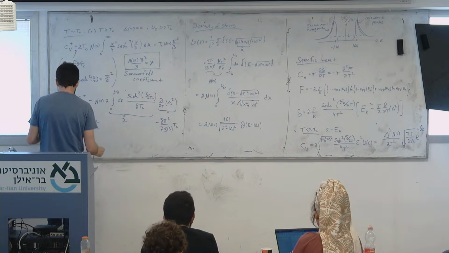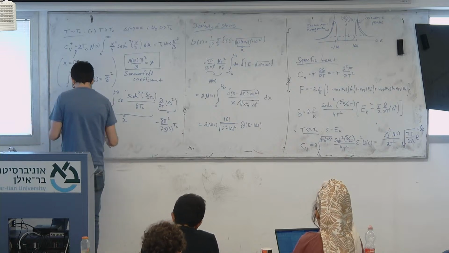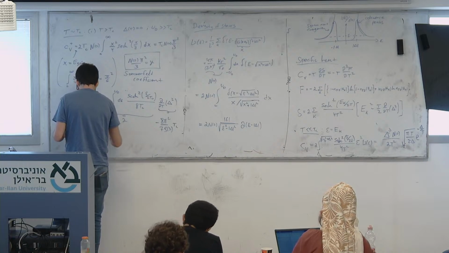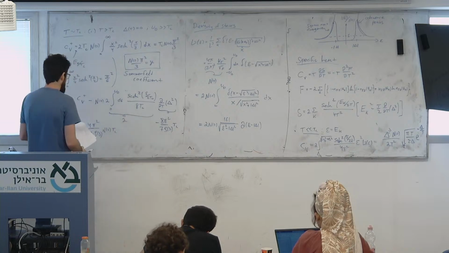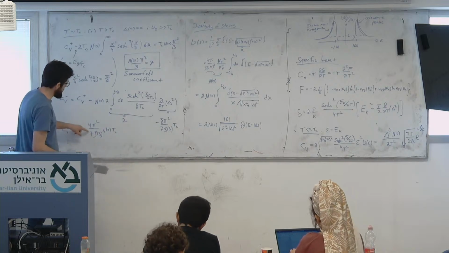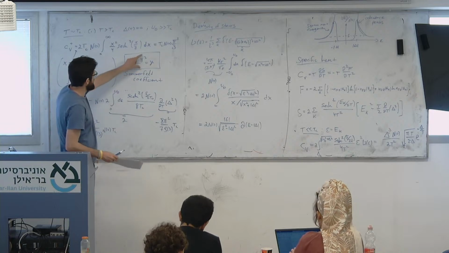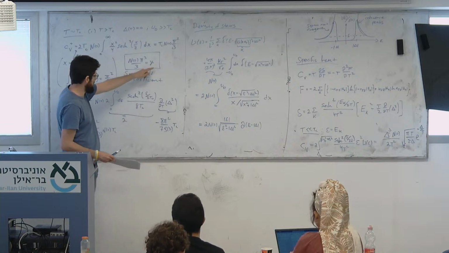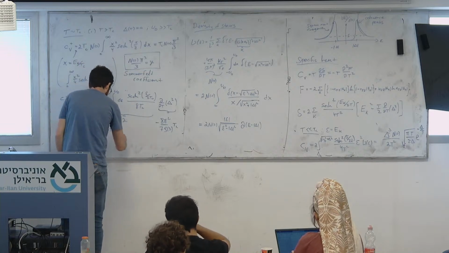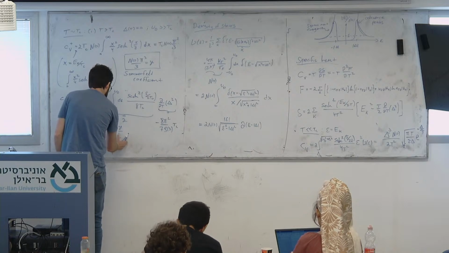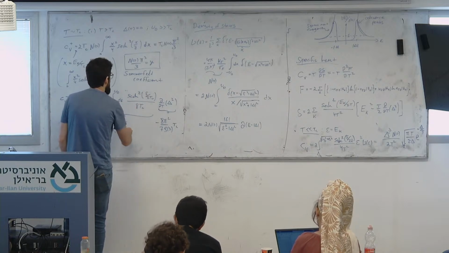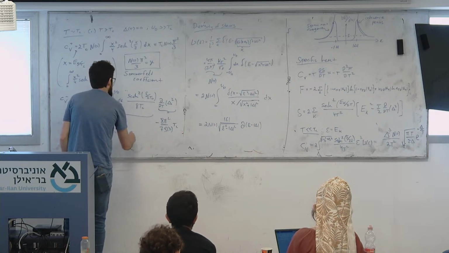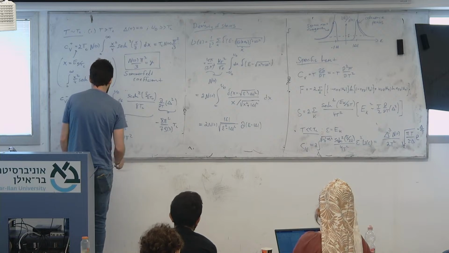Don't, we can fix that later. zeta of 3, n of 0, tc. Okay? But now we can use this factor, so I can multiply and divide by gamma. So I can put here gamma and gamma. But here I can put the gamma to be n of 0, pi squared, and I have a 3 here.